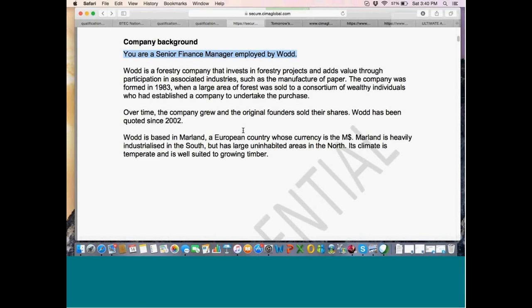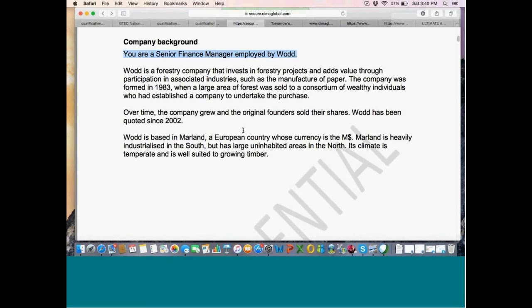So when you're writing any reports, emails, or presentations, please bear in mind you're a very senior person in the organization, and you are responding, advising, and providing options to the senior management of the company, that's the directors and the board of directors, okay?